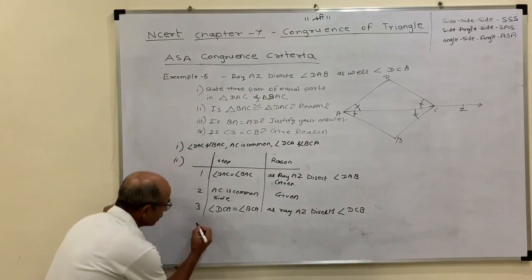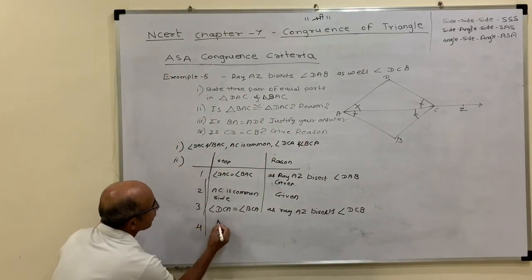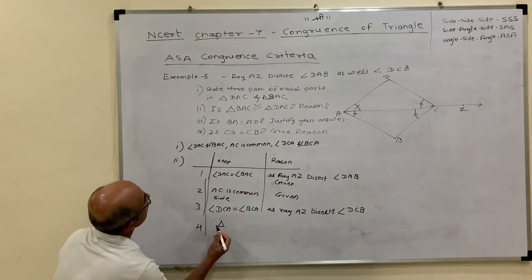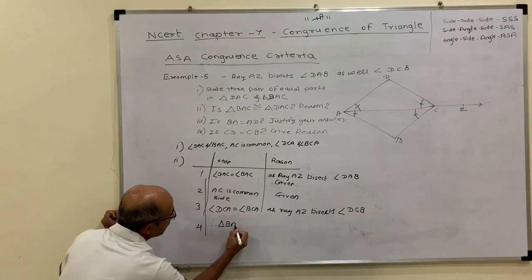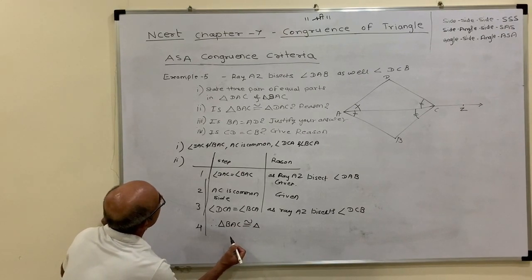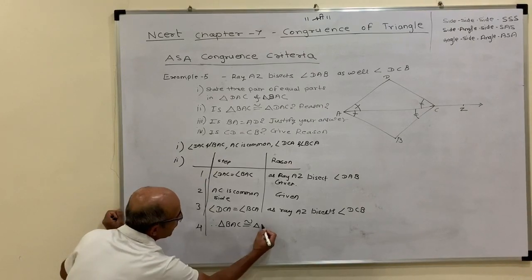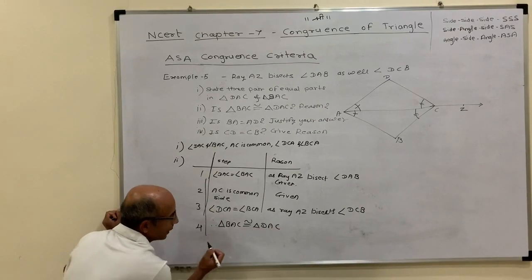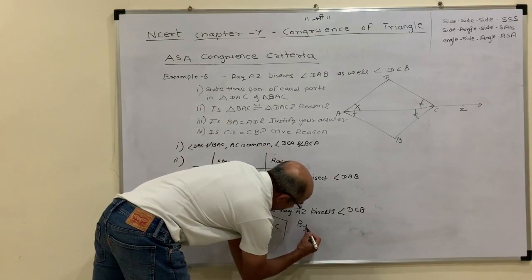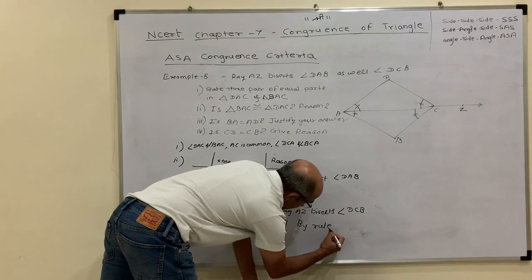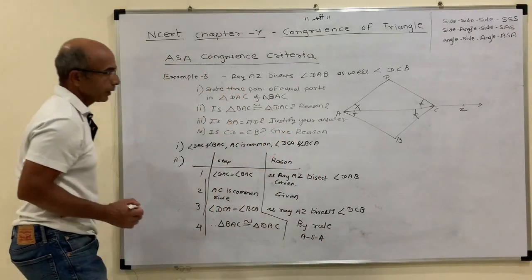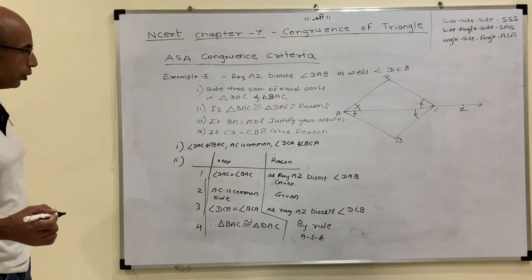So we say fourth, therefore triangle BAC is congruent to triangle DAC by rule angle side angle.